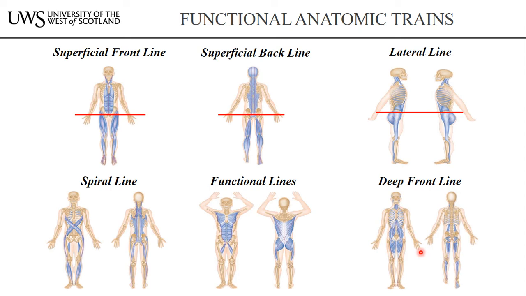From a movement perspective, the lateral line participates in creating a lateral bend of the body, so lateral flexion of the trunk, and participates in the abduction of the hip. One of the most common examples of movement tasks requiring the contribution of the lateral chain are shuffles, so side steps.